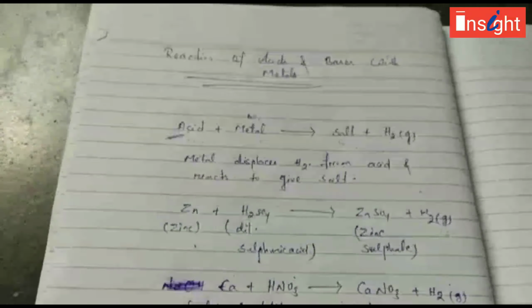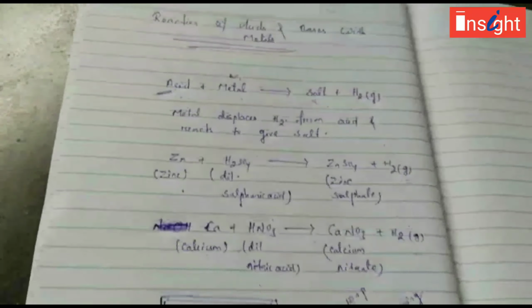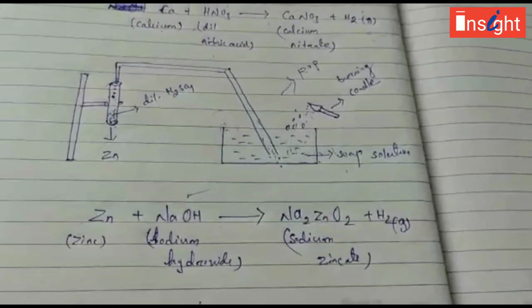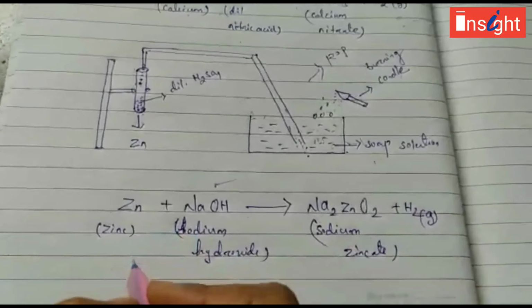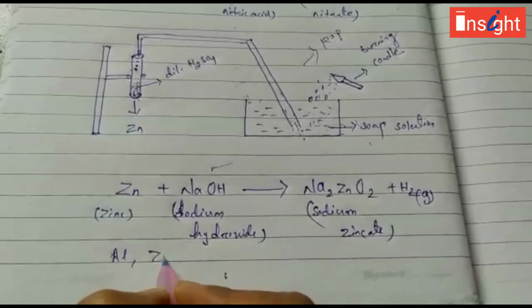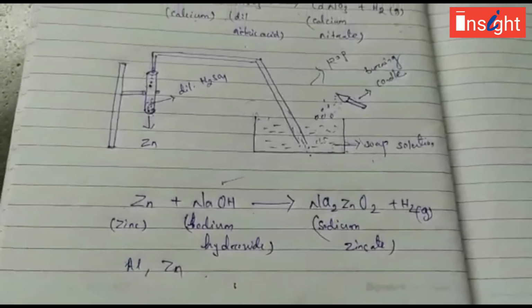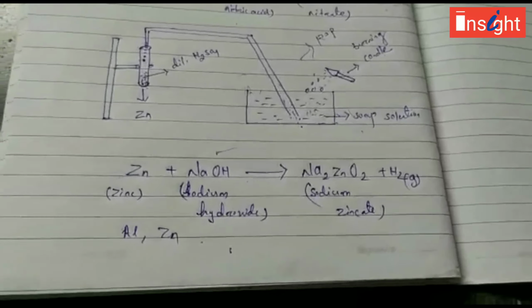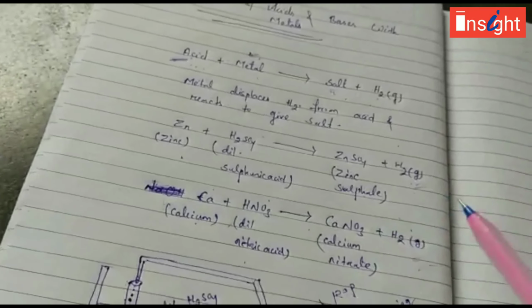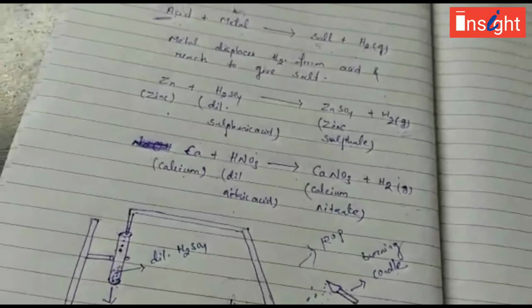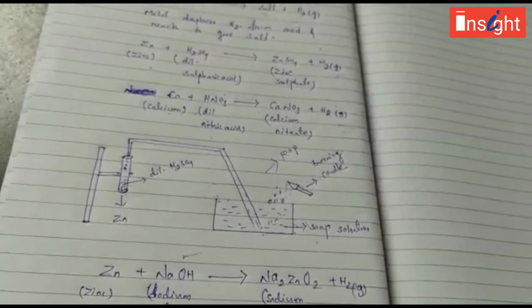So you can say that the reaction of acids and bases with metals produces hydrogen gas. And metals like aluminium and zinc react with strong alkalis to liberate hydrogen gas. So this is how reactions take place between metals and acids and bases.